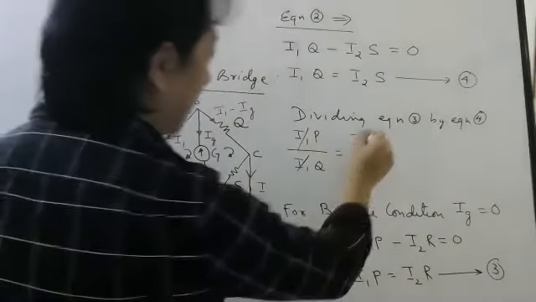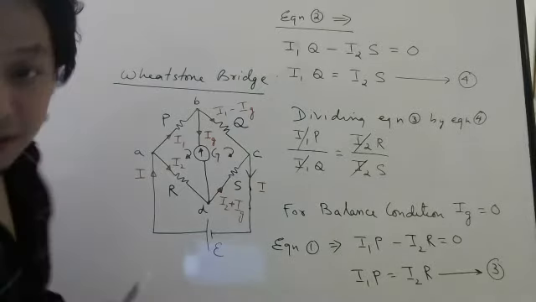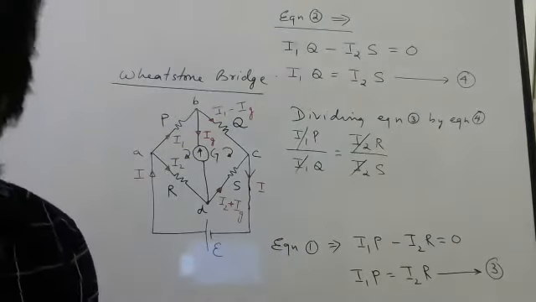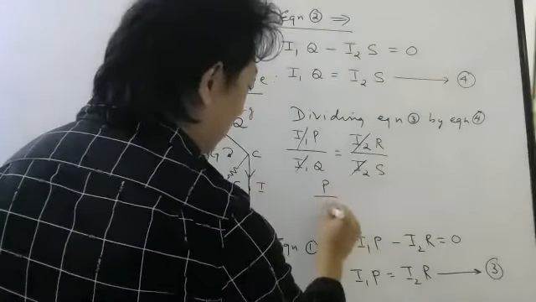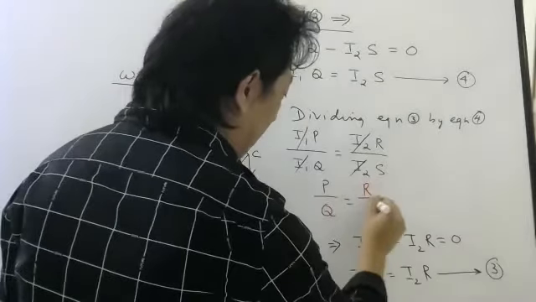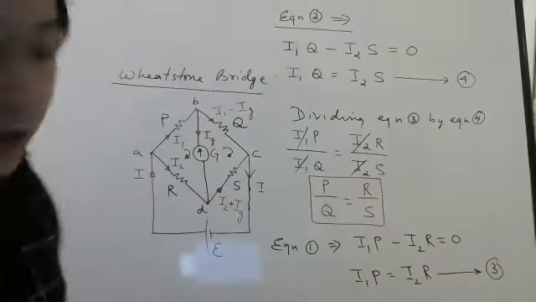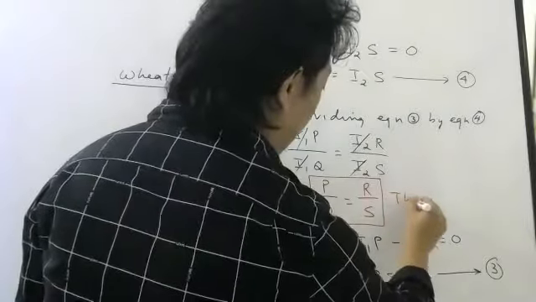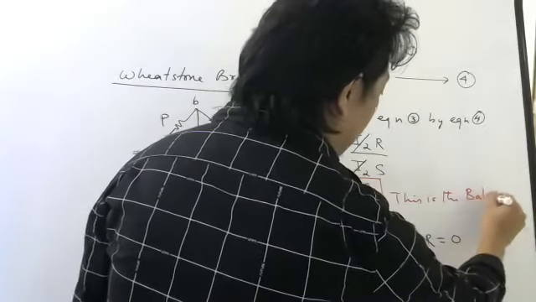I1 cancels, I2 cancels. So finally, what will be your answer? Your result will be a very simple and very important result which everyone should remember. P by Q should be equal to R by S. So please remember, this is the important condition. This is the balance condition.